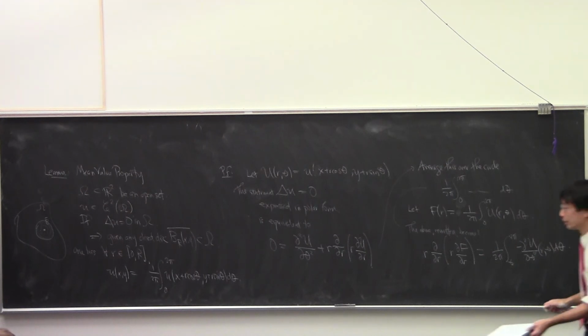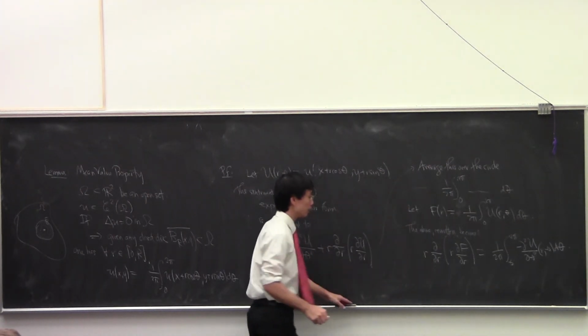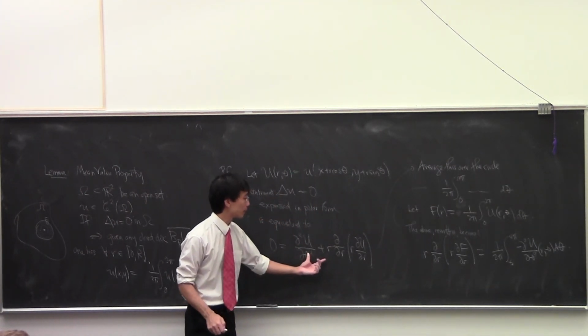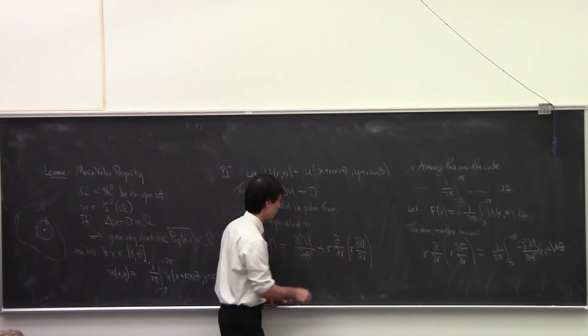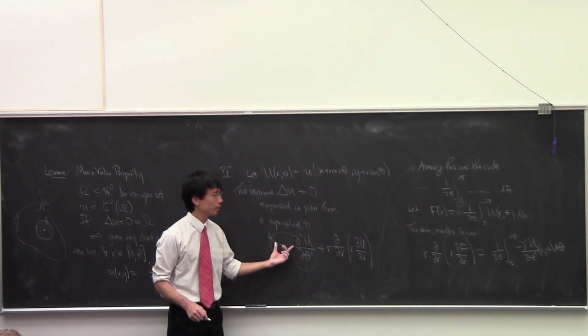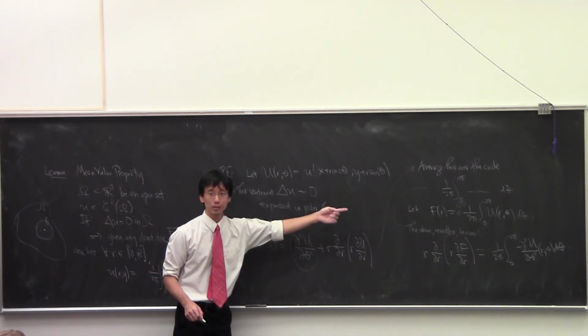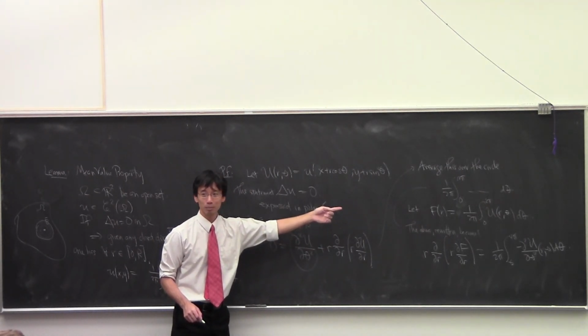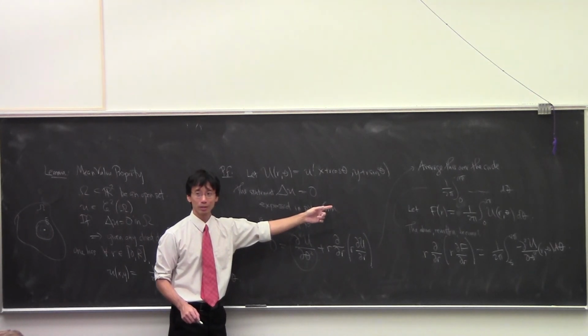Right? So you see what we're doing, right? All we're doing is we move this thing to the left hand side, we integrate it, and then we introduce this notation. Okay. Nothing has happened.